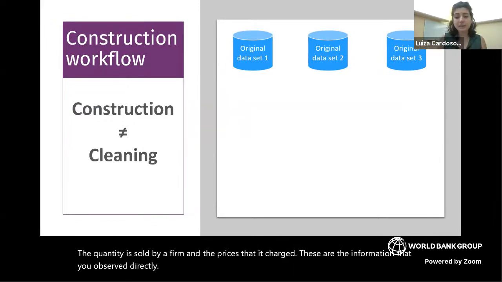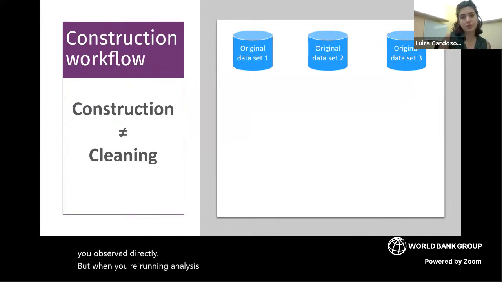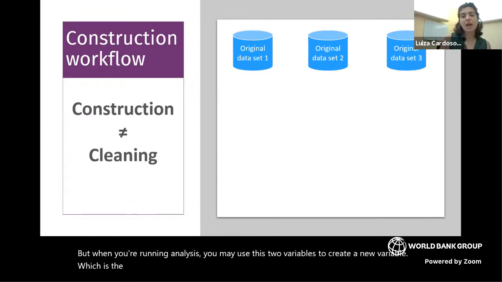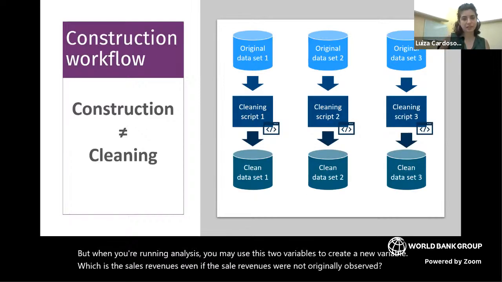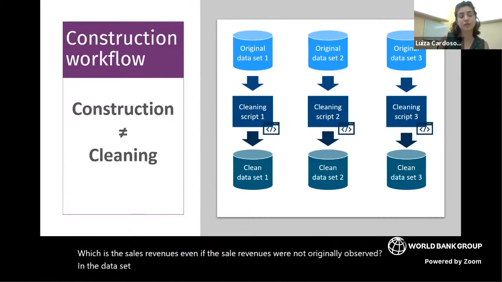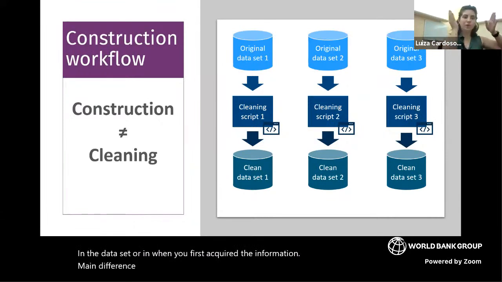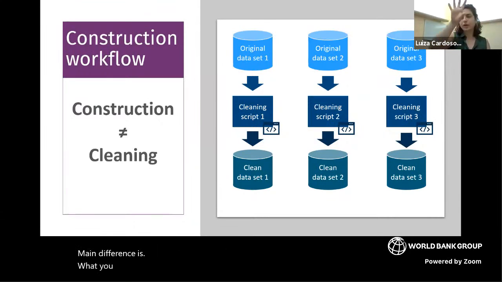But when you're running analysis, you may use these 2 variables to create a new variable, which is the sales revenues, even if the sales revenues were not originally observed in the data set or when you first acquired the information. So the main difference is what you observed versus what you are abstracting or creating for research purposes.